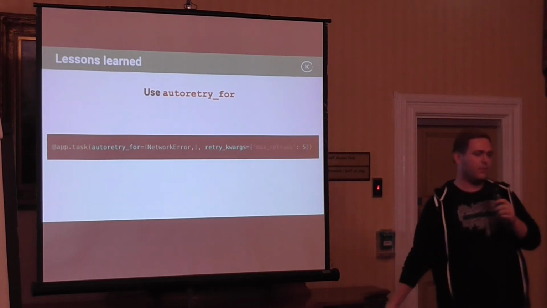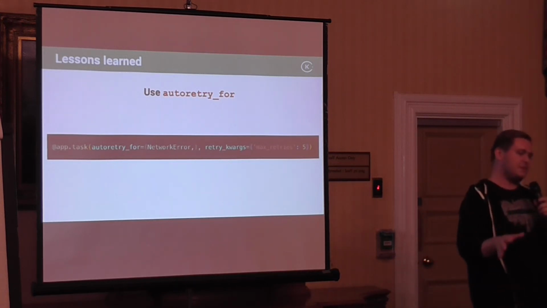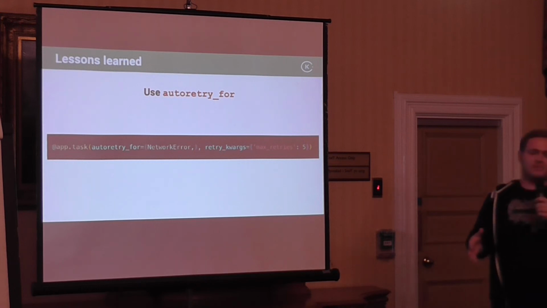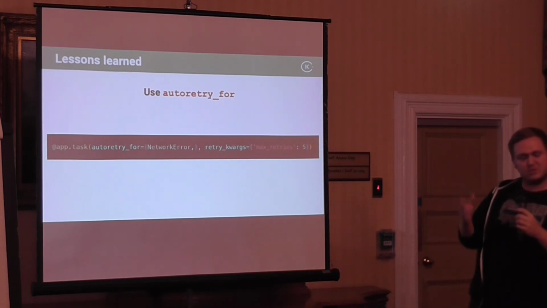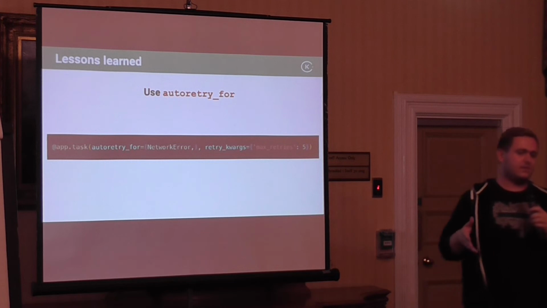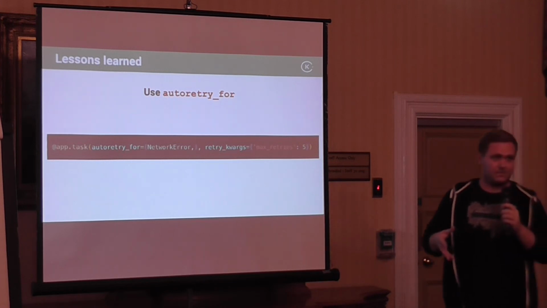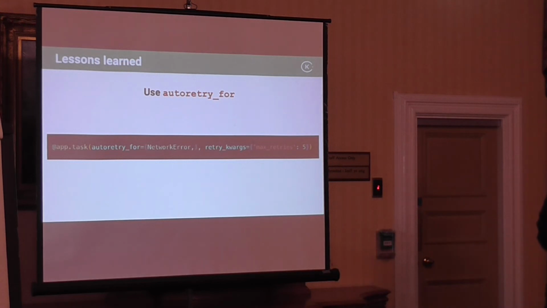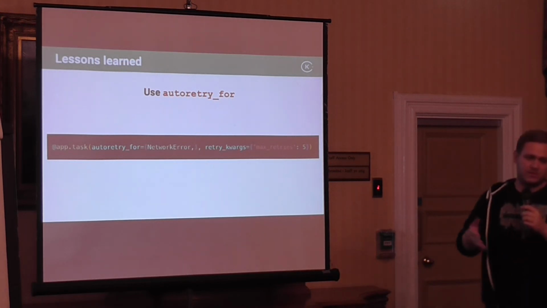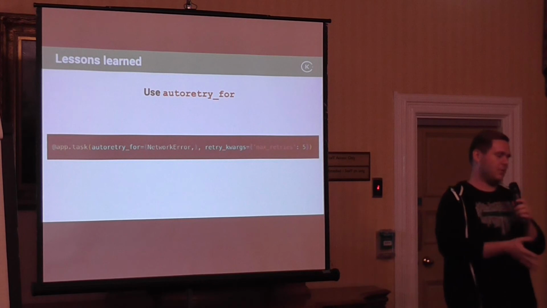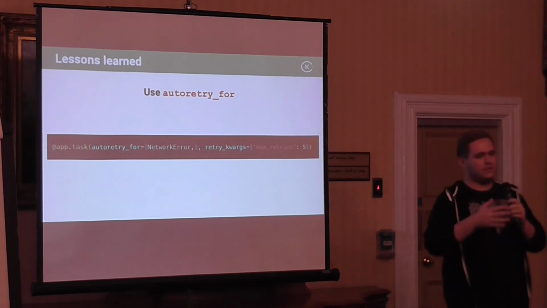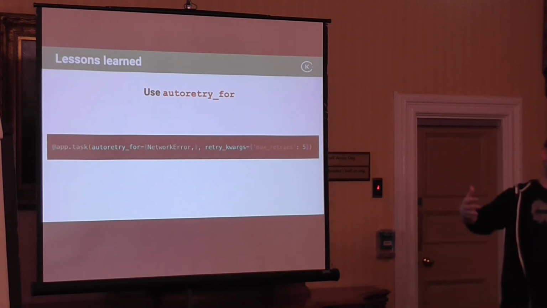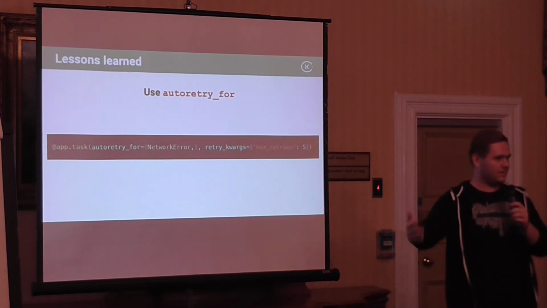Use autoretry_for. This is a really nifty feature for Celery, where you specify an exception class, and it will be caught by Celery and retried only based on the class itself. So you can specify your own errors, raise them depending on your own logic, or you can just do network error because you know you're communicating with an HTTP API which is not reliable.